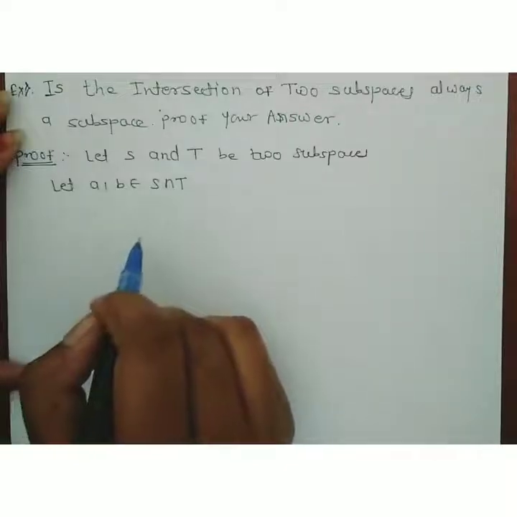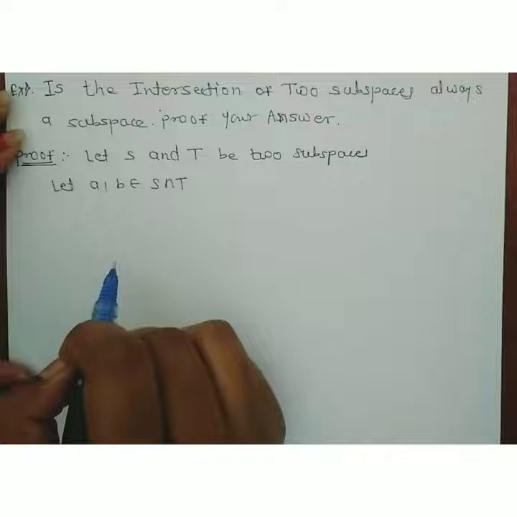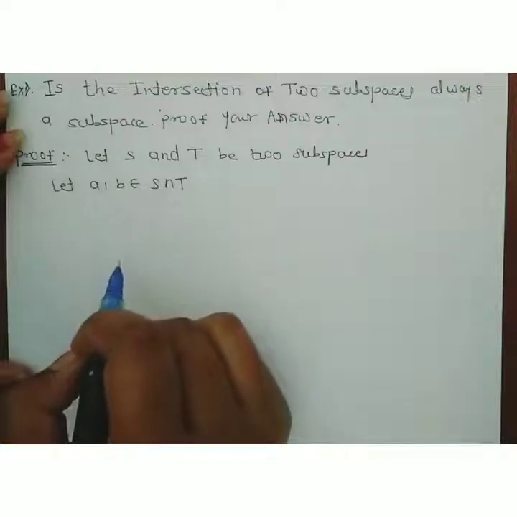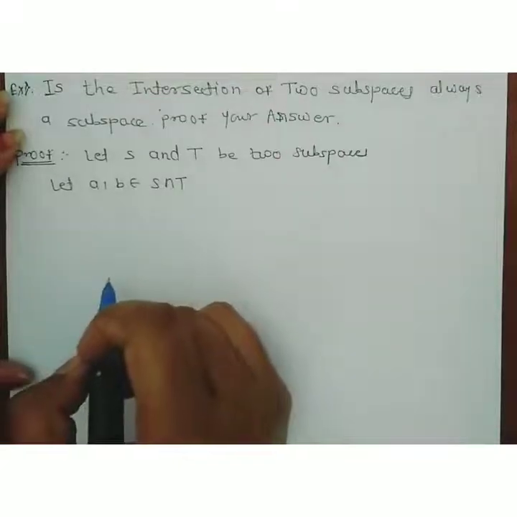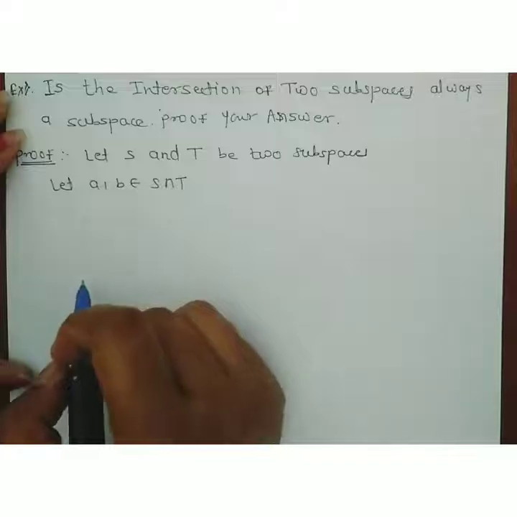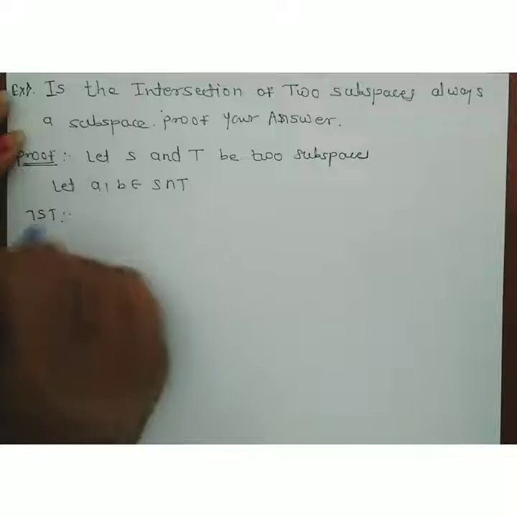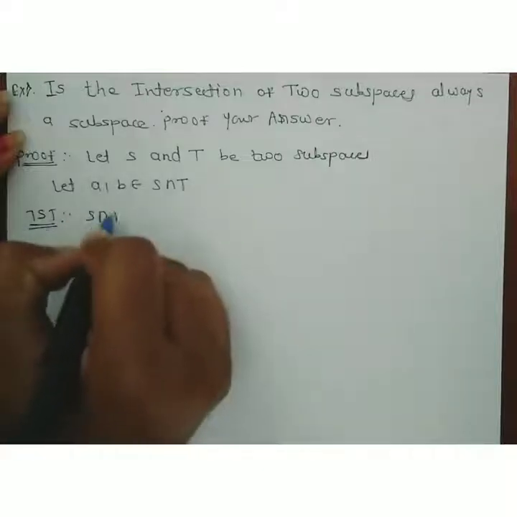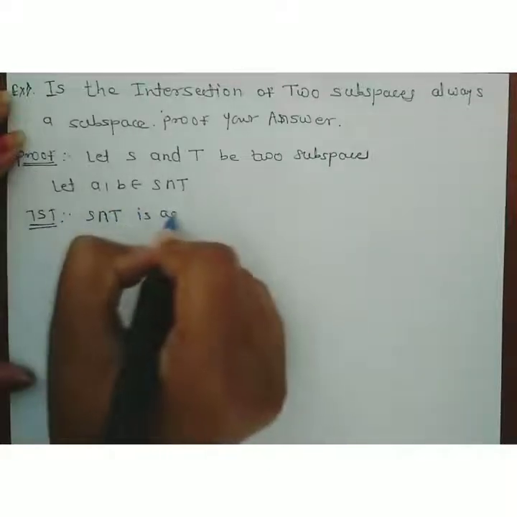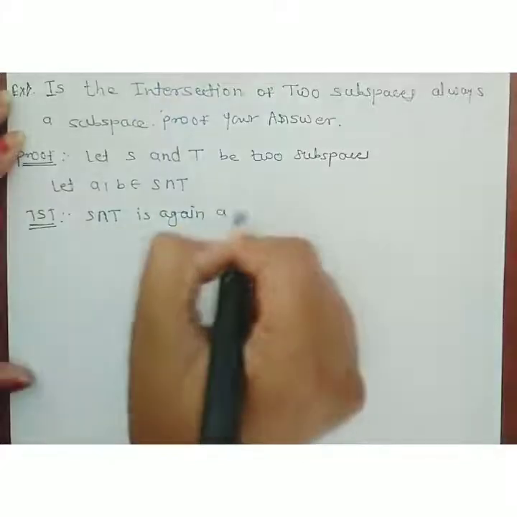Now, which are the properties of a subspace? For showing the subspace, we have to show that S intersection T is again a subspace.